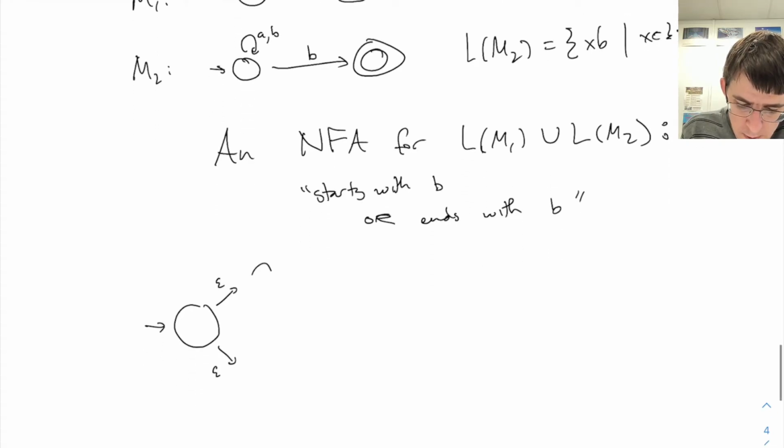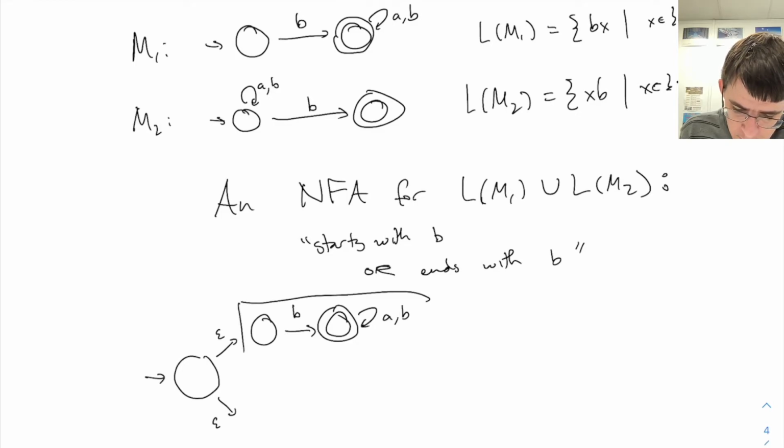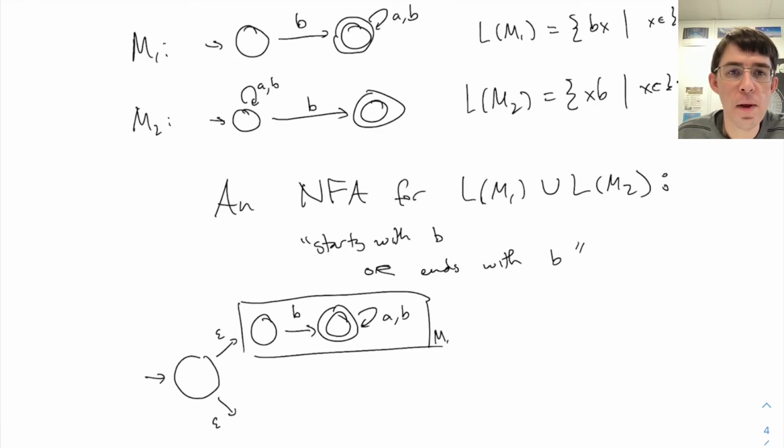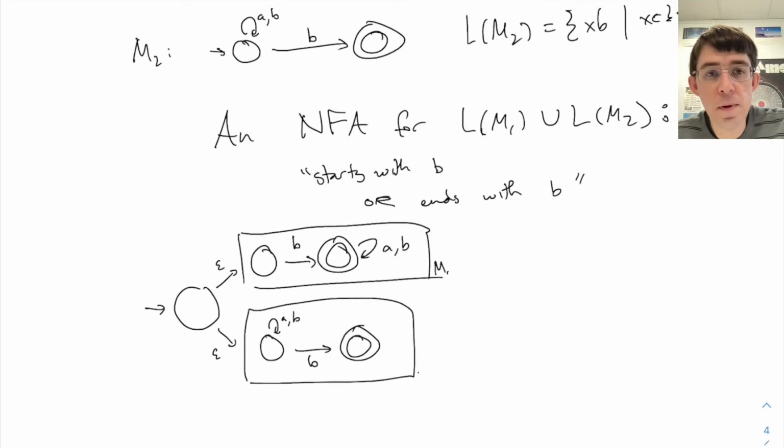I fill in M1 exactly as it appeared before, and then I plug M2 into the second branch down here.